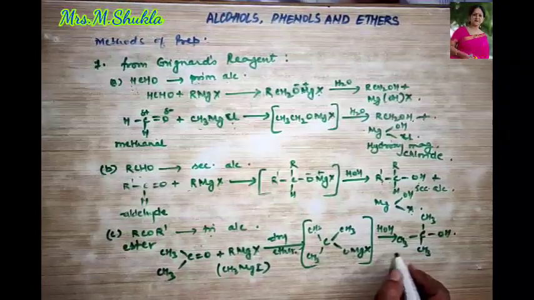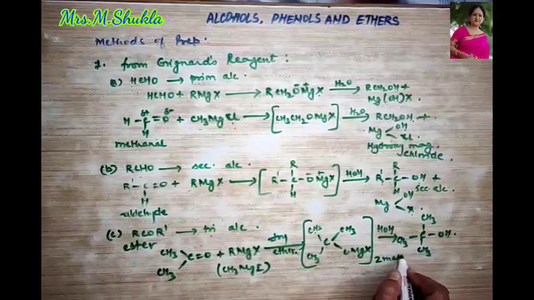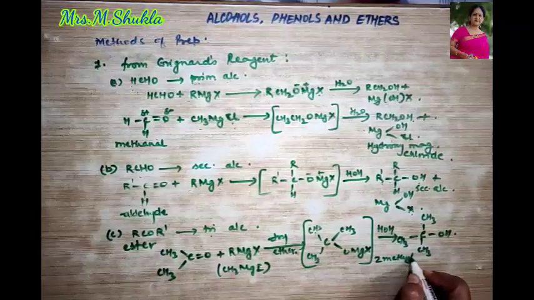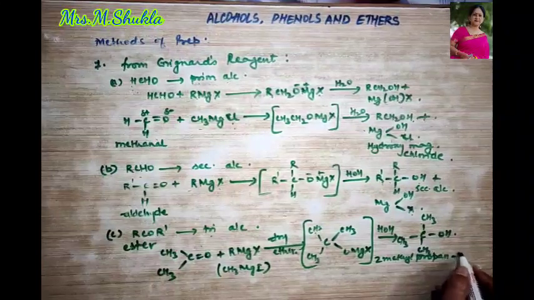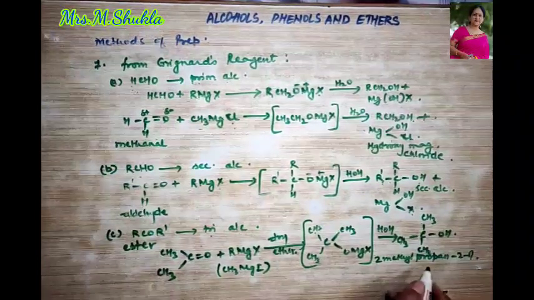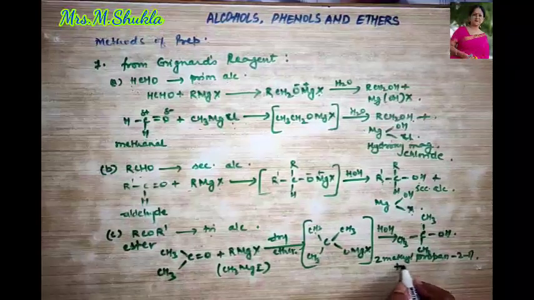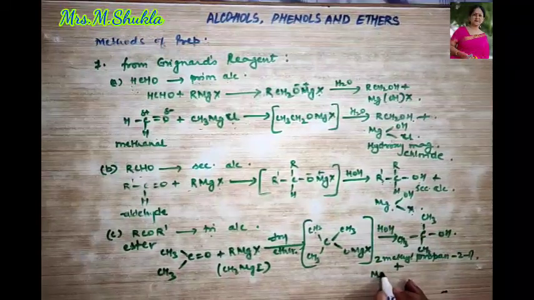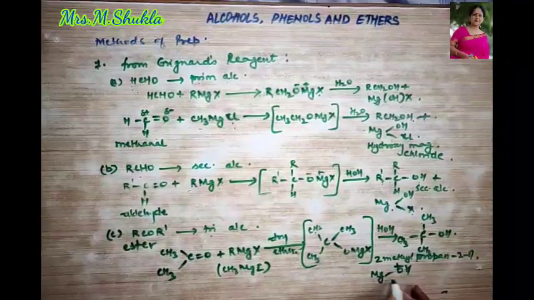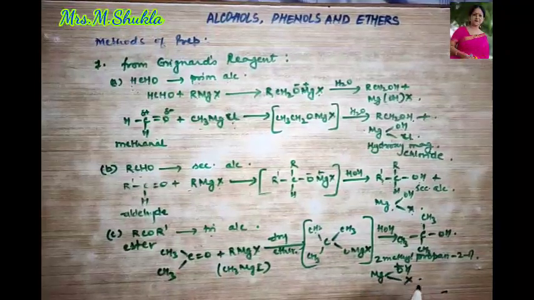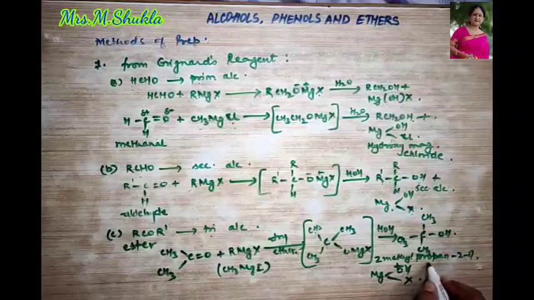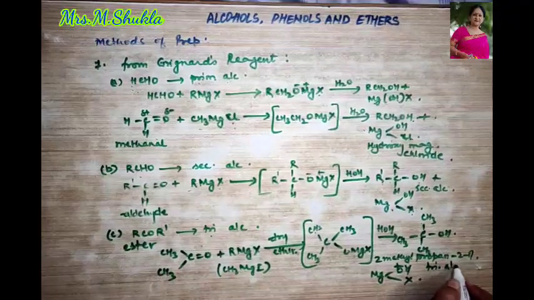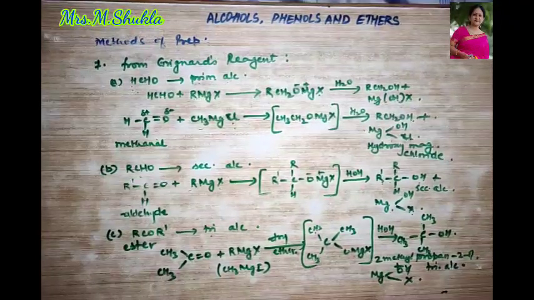What is the name of this? 2-methylpropan-2-ol, plus MgOHX. This is your tertiary alcohol formed over here.